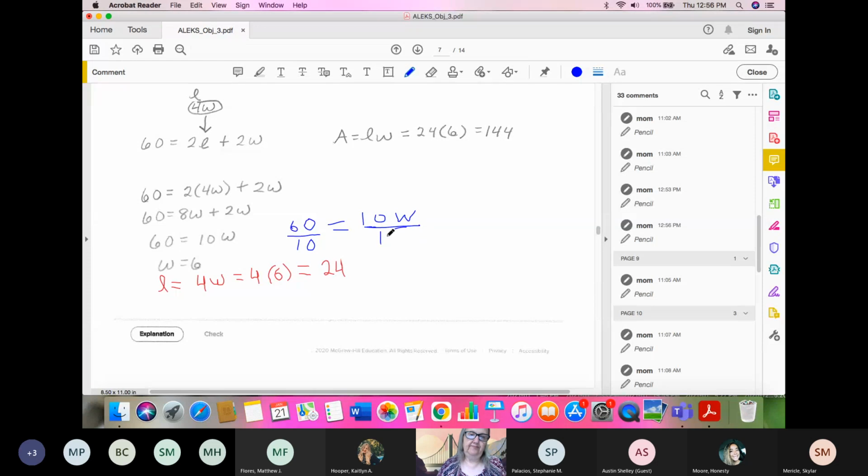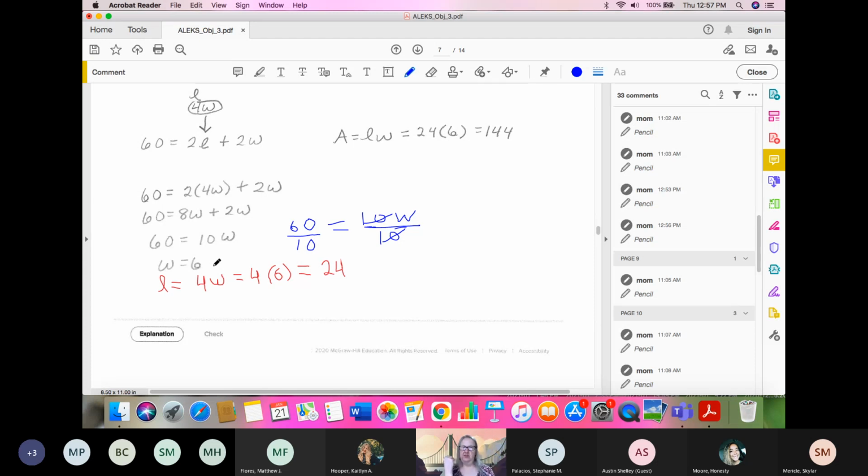And what do we get? 10 divided by 10 is 1, and 1 times W is W, so we're just left with a W on that side. And on this side, 60 divided by 10 is 6. So I turned it around and wrote it with the W first, which we can do. W equals 6 when we do this division.